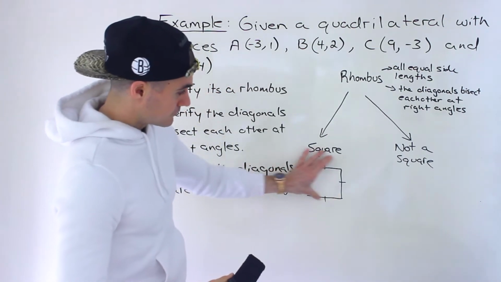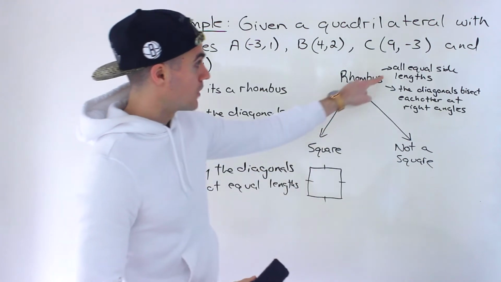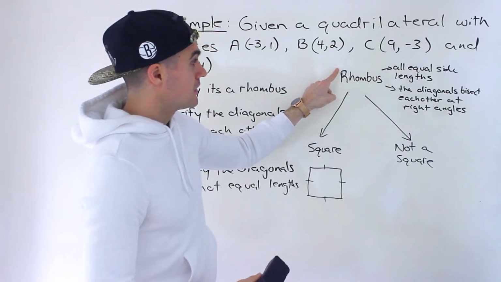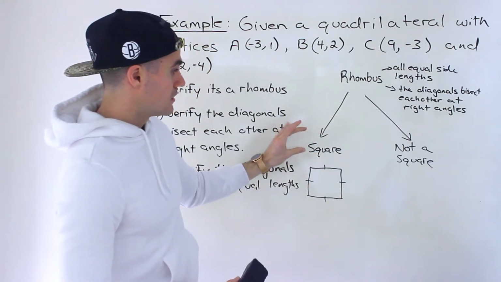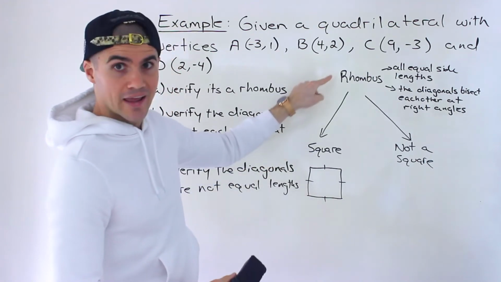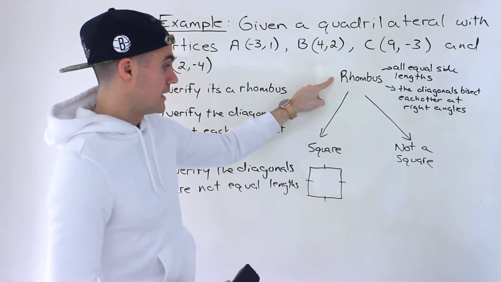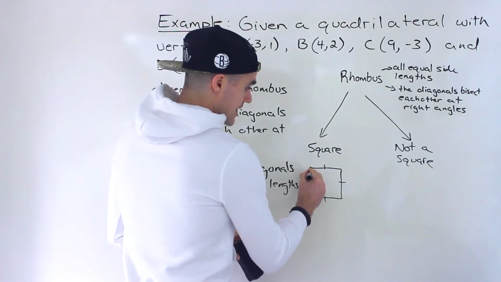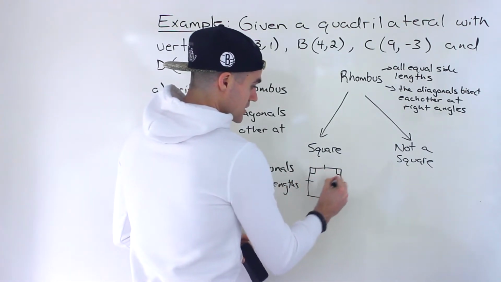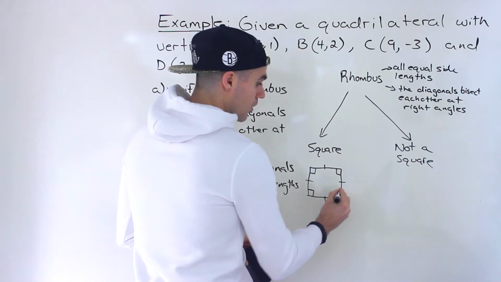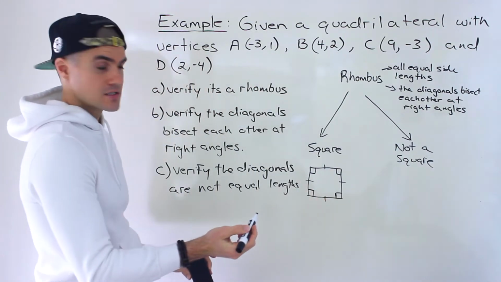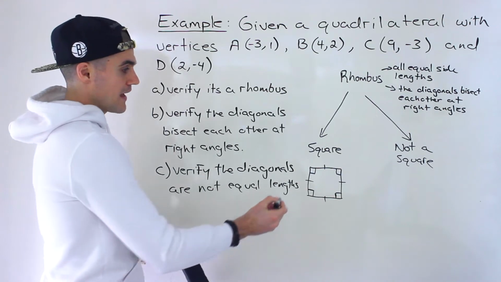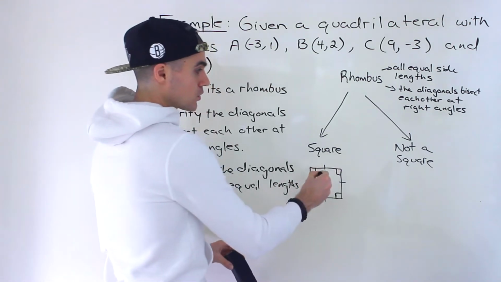And so just that property right there basically proves that a square is a type of rhombus. Now, in particular with a square, these angles here are all going to be equal and they're all going to be 90 degrees.